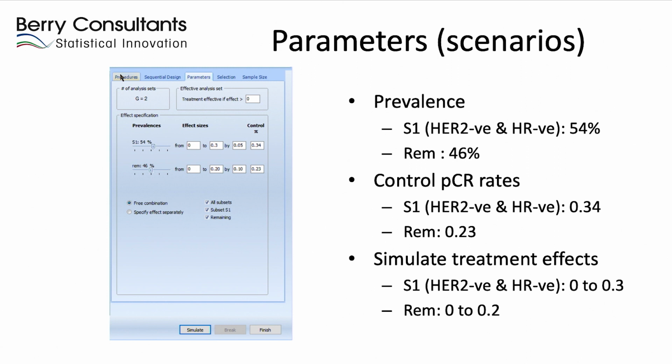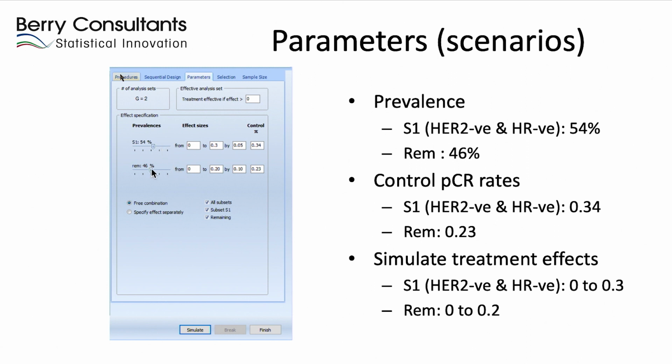And then we want to specify what effect sizes we wish to simulate. We say we're going to look at effect sizes from 0 to 0.3. These are relative to the control rate, which is 0.34. And we're going to do it in steps of 0.05. So that's going to look at 7 different values of the effect rate in the subgroup.